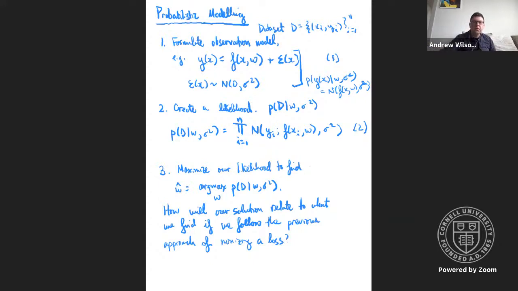Product of Gaussians is a Gaussian where the argument is a sum. So maybe I'll phrase the question a little bit differently to make it easier to communicate an answer.